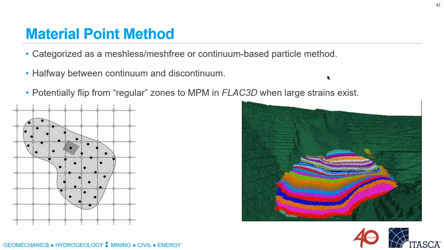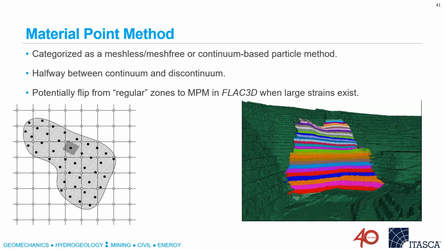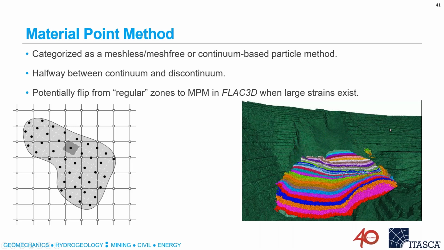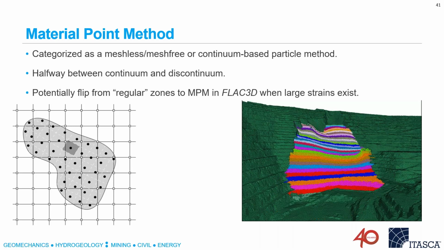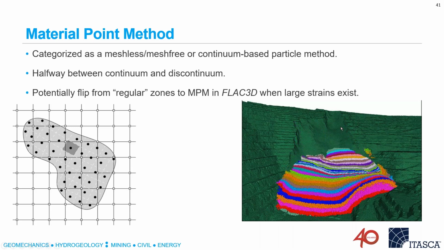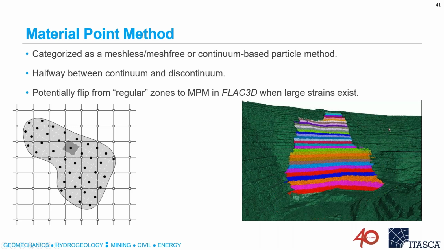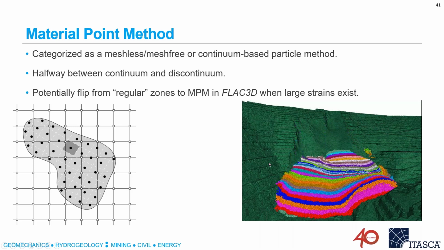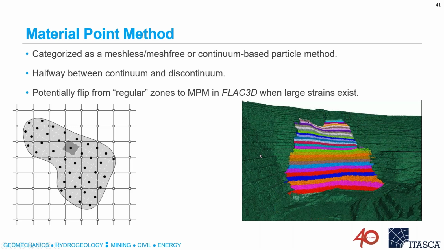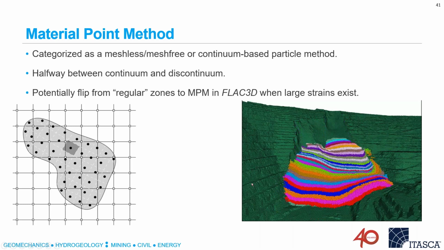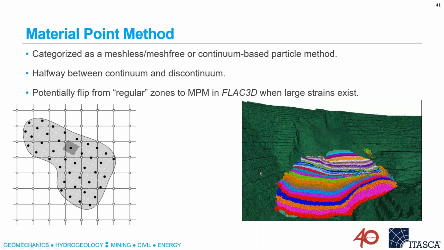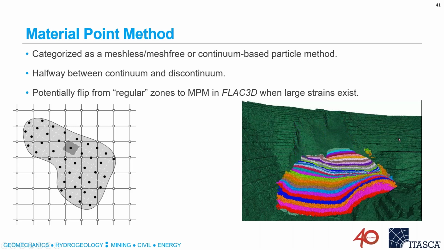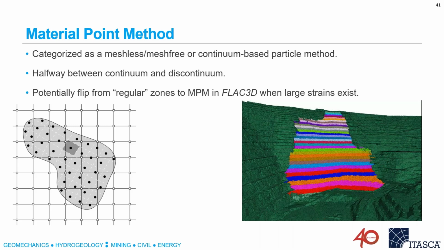This is something that Itasca is currently developing, and here's just a little animation from one of the early models looking at this particular slope failure. And I said at the beginning we weren't going to talk about runout, but this particular type of model is very useful for looking at where slopes may end up when they fail. And obviously in open pits, that's an important consideration.